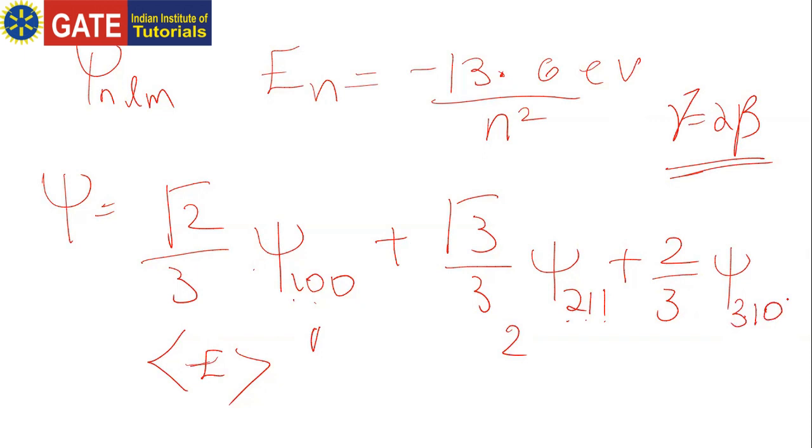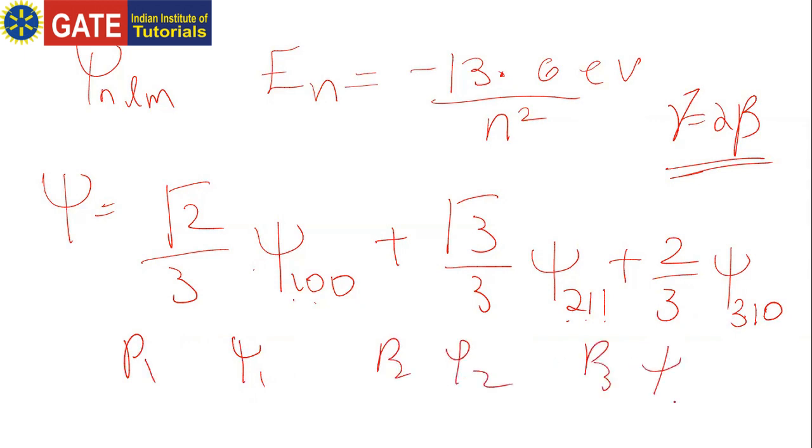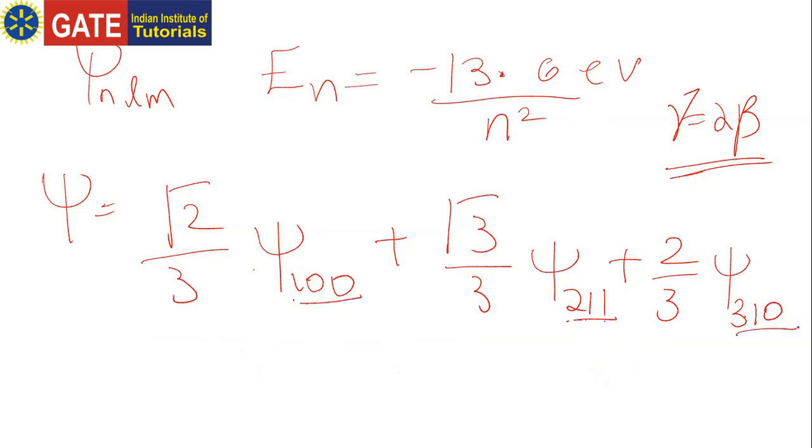Because we are finding P1, P2 and P3 corresponding to 3 basis states, not wave functions. P1 for psi 1, P2 for psi 2, P3 for psi 3. So simply you can consider P1, P2 and P3. No need to worry about the basis NLM value.